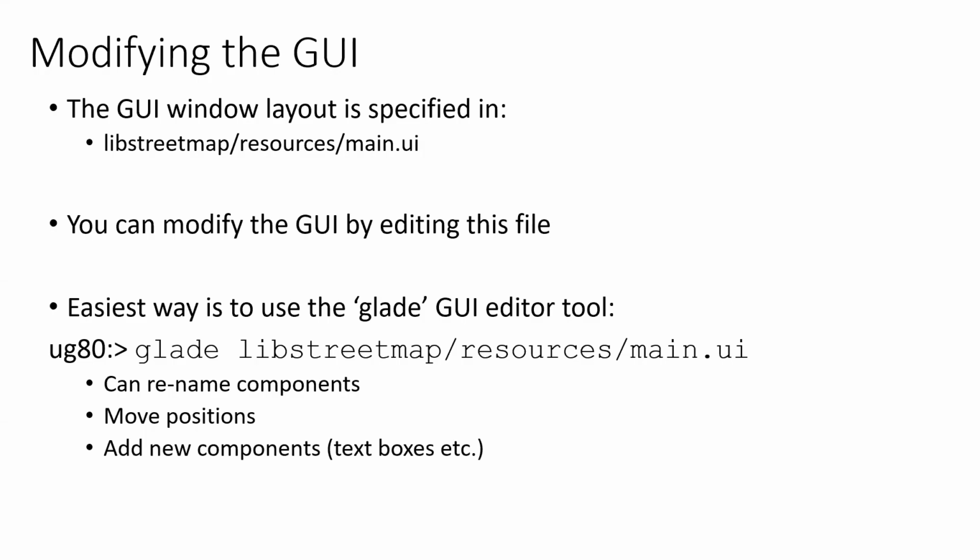So your GUI window is specified in the main.ui file in the libstreetmap resources. You can modify the GUI by editing this file, and the way you can modify it is to use Glade. The command is here: glade libstreetmap resources main.ui.